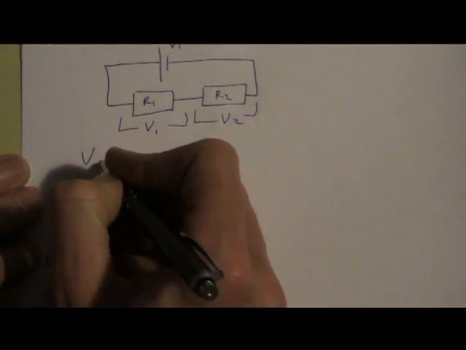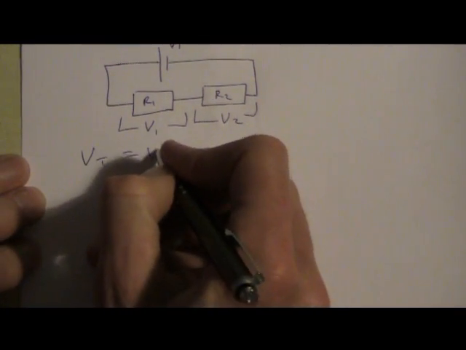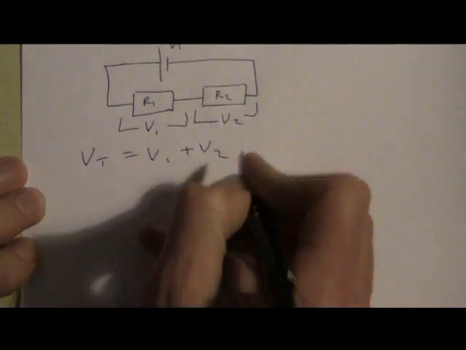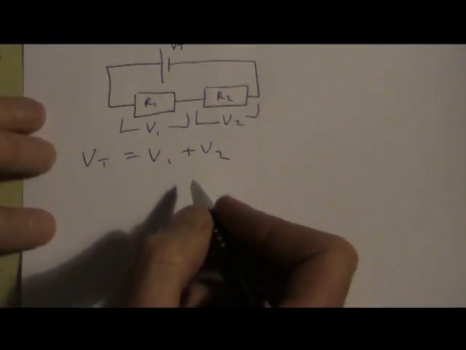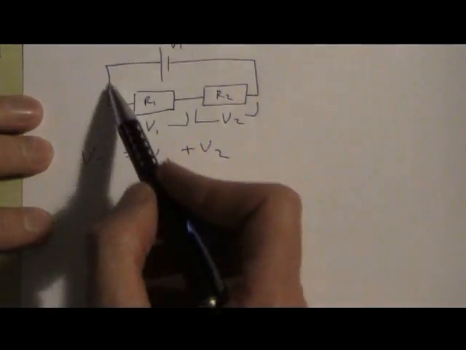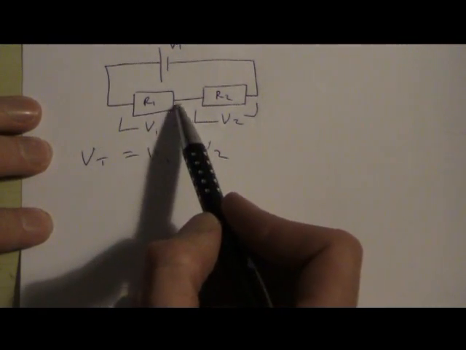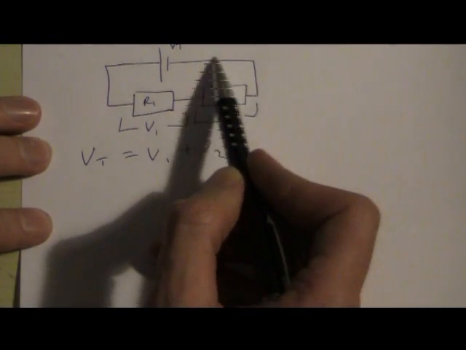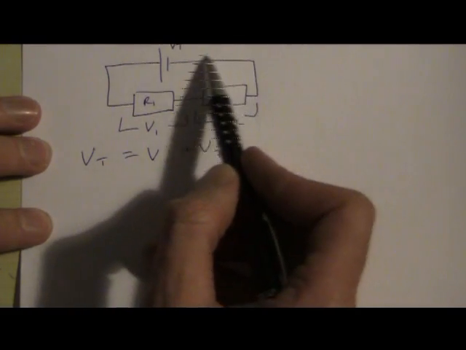Okay, so VT, because that's the way these circuits work, equals V1 plus V2. Okay, now in terms of current, because it's in series, whatever current flows in here will flow out and will flow through this fella and flow around. So the current is the same all around the circuit.